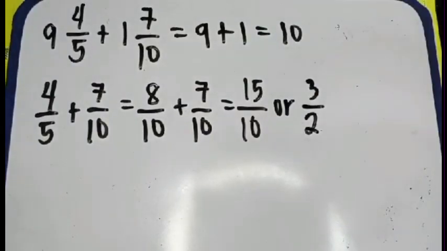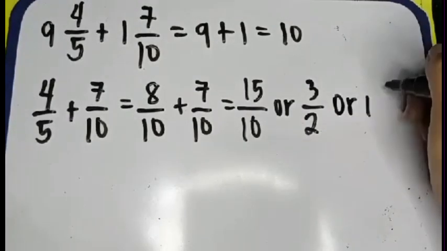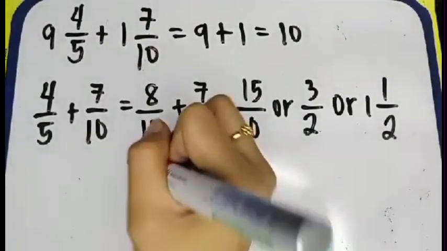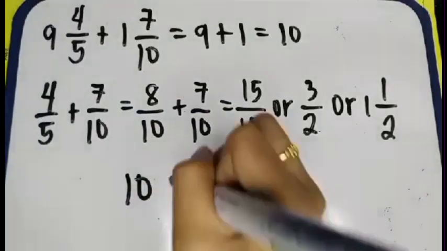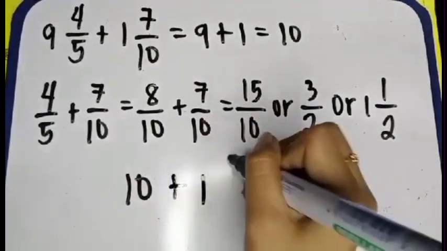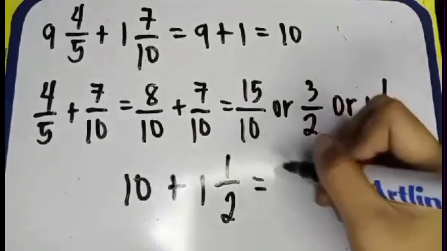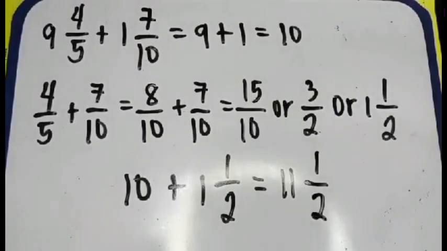But 3 over 2 ay pwede pa ding ma-simplify, at ito naman ay magiging 1 and 1/2 ngayon. So, 10, which is our whole number, plus 1 and 1/2 is equal to 11 and 1/2. And that will be our final answer.